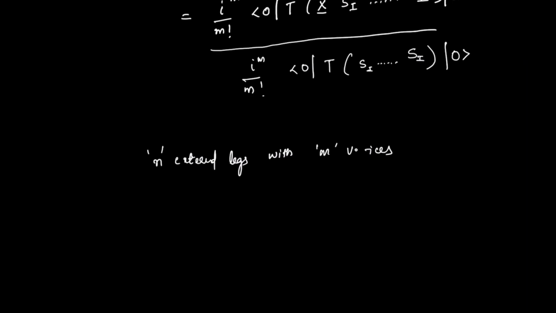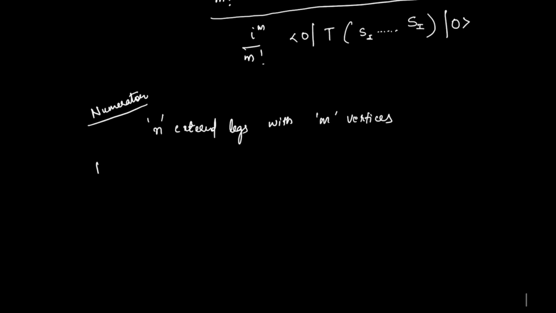Now diagrams corresponding to the denominator will have no external legs because there are no phi's there, and therefore they are called the vacuum diagrams.